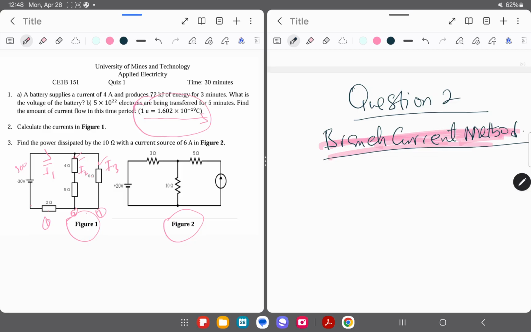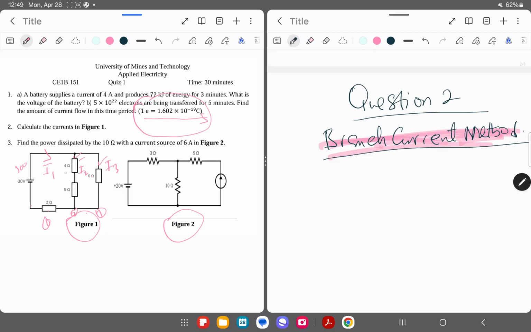Now once I've assigned the current, I'm going to indicate the polarities on the resistors. We tend to indicate the polarities relative to the flow of current, right? Let's start with I2.